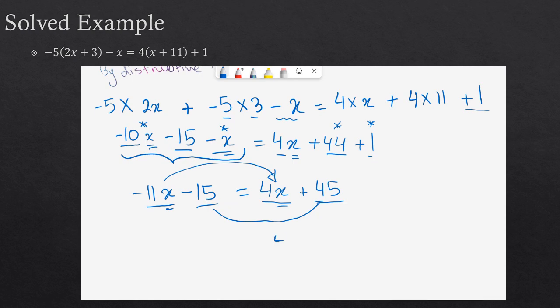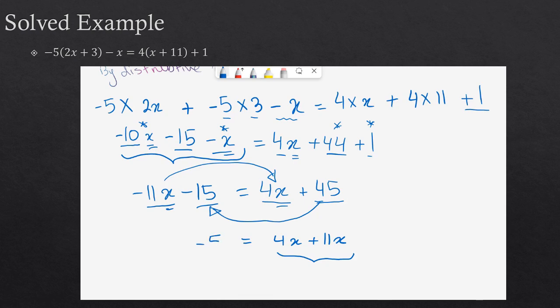So we can write 4x plus 11x, okay. And here we have 45. We will take it to the other side to minus 15. Why? Because already the right hand side is for the terms that include x, so we will put the constants in the other side, okay.